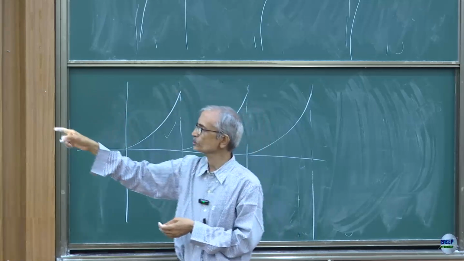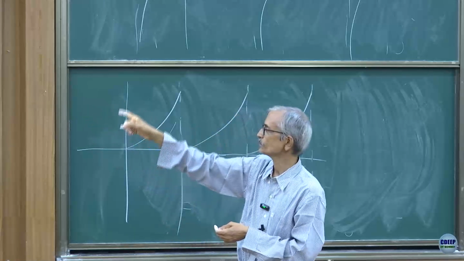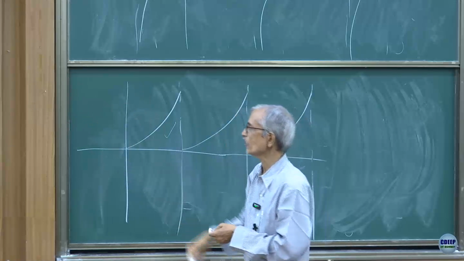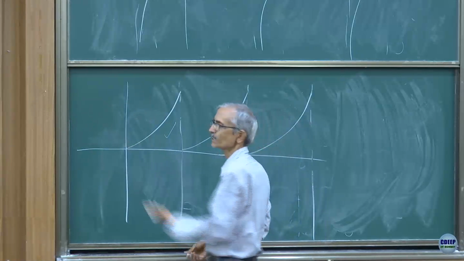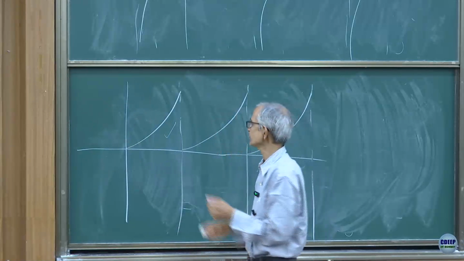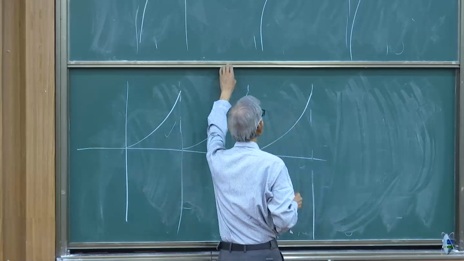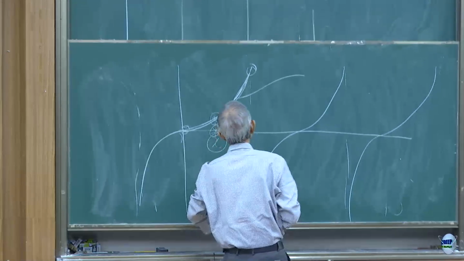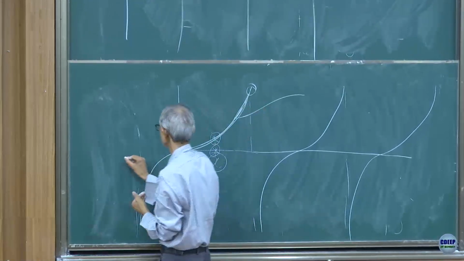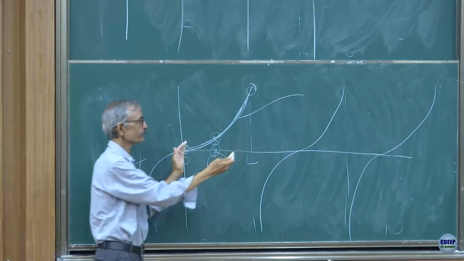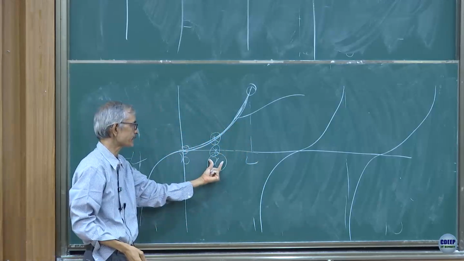The other way is to make it even, which is the purple graph, and the other way is to make it odd, which is the green graph. Each of these is going to give you a coupon which is different in the periodic minus L to L domain. From 0 to L, everybody is going to give you this.